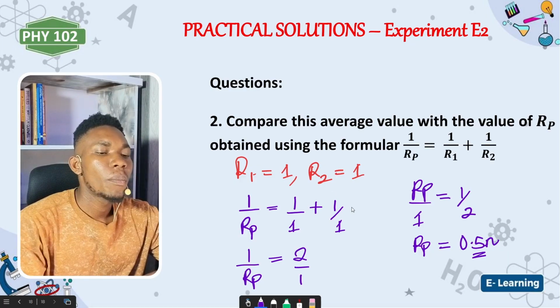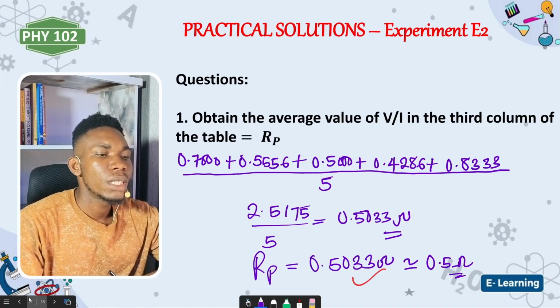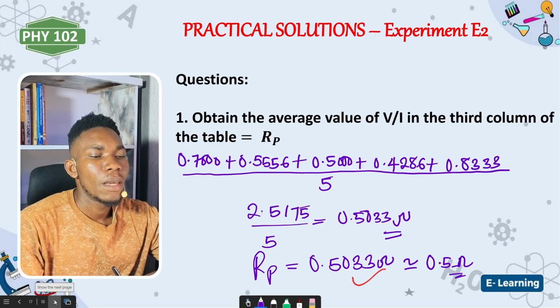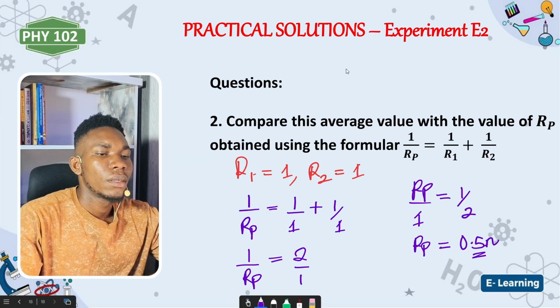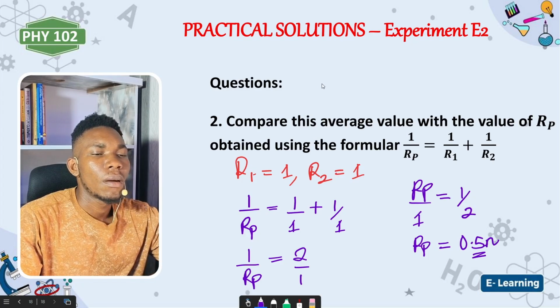Okay. So when you compare now, you are going to say the value calculated, which is your RP, is 0.5. Right? RP initially for the calculated one was 0.5.